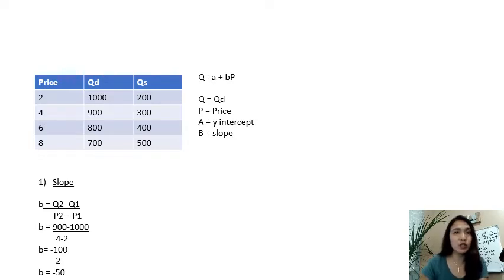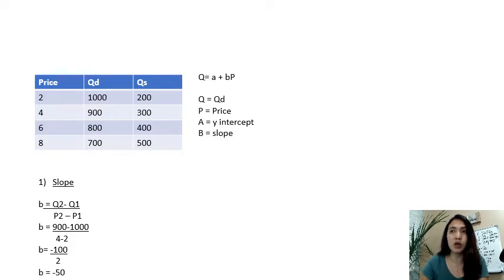Because the formula there is Q2, which is new quantity, minus Q1, over P2, new price, minus P1. The question maybe is, can we use 800 as your new quantity and 700 as your old quantity, and then the new price is 6, the old price is 8? The answer is yes.